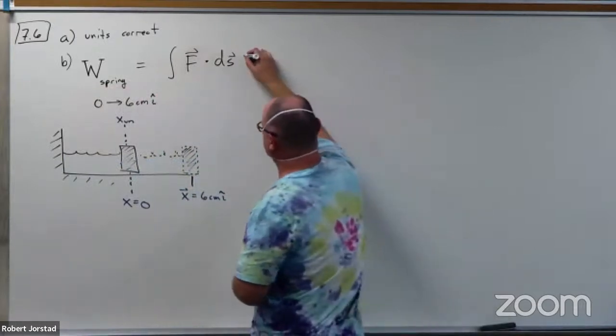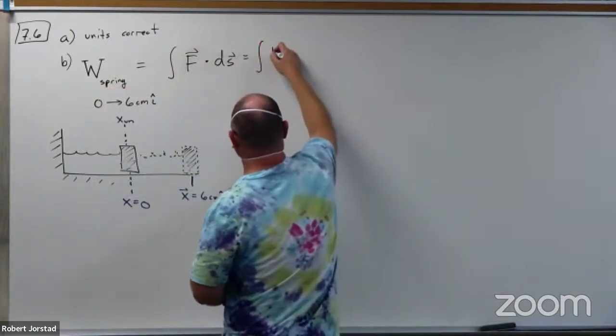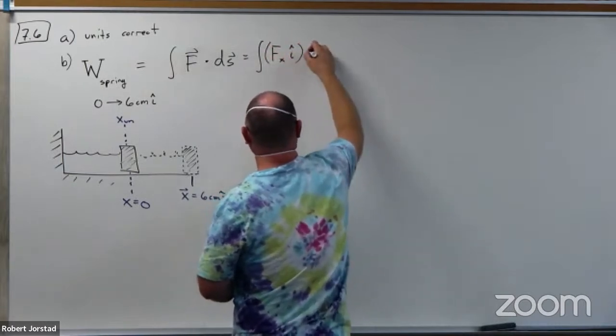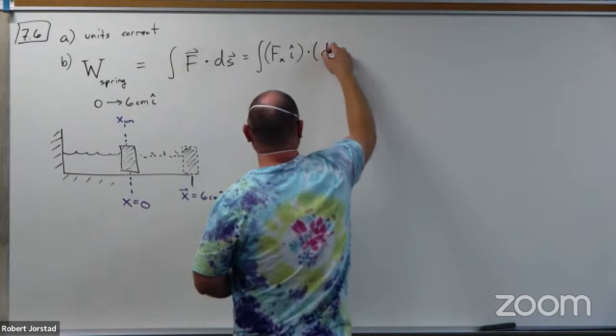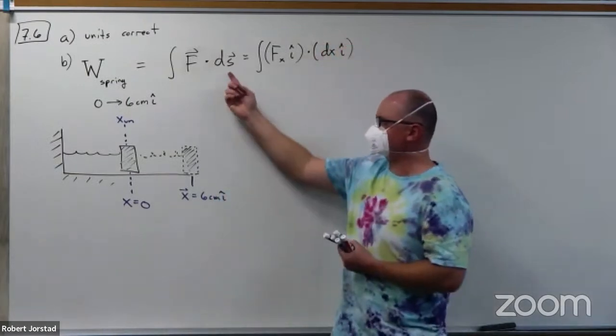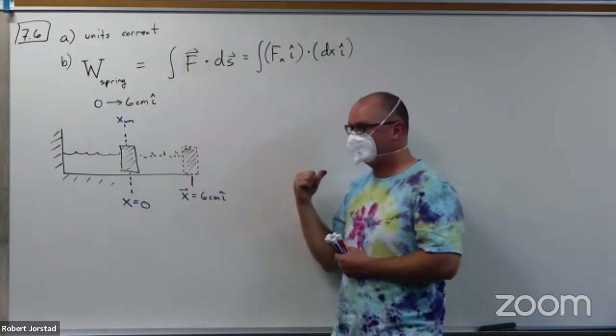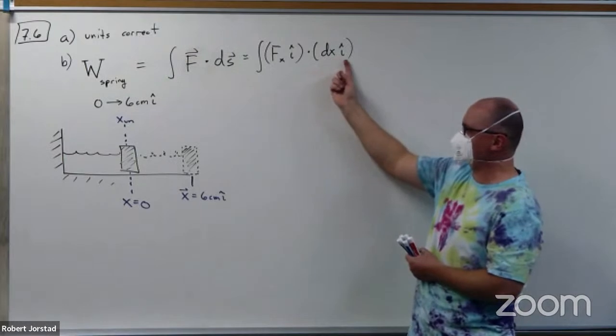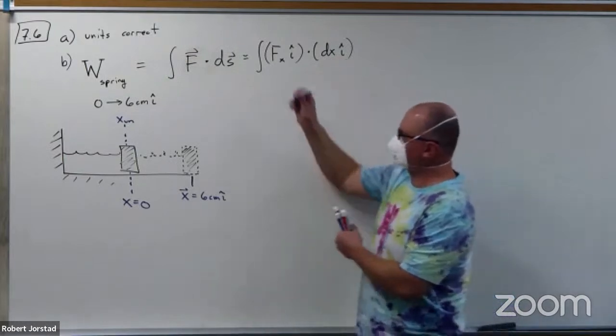Let me just walk you through this, right? That's the integral of f sub x in the I hat dotted with dx in the I hat. The idea is in this problem, ds, it's moving to the right. So a small displacement to the right, we usually call that dx in the I hat. So this is what happens to ds.